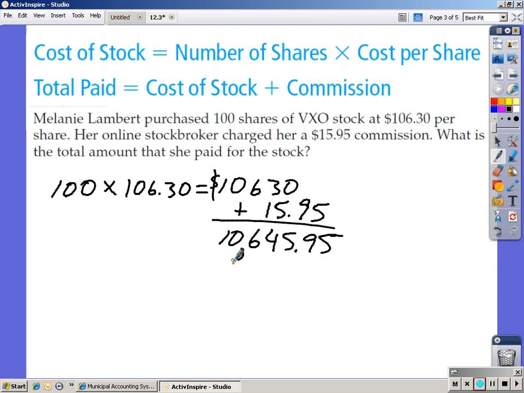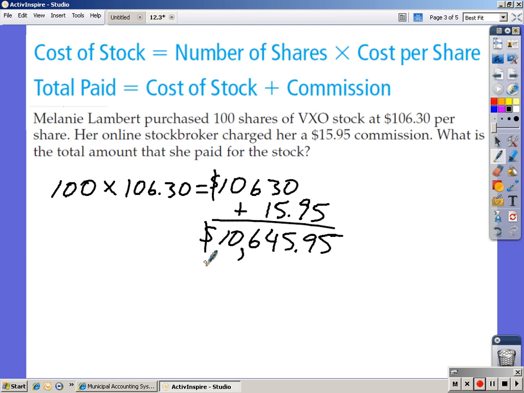So your answer is $10,645.95 is how much she paid altogether. Now, that's the only example. Assuming that Melanie purchased 100 shares of VXO stock at 106.30 and she sold it for more than 106.30, she's going to make money. Okay?